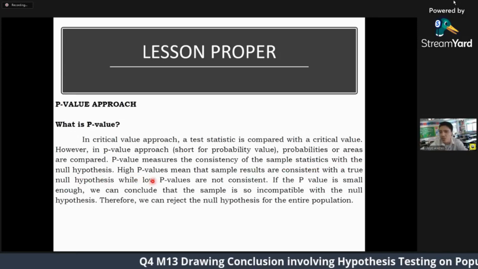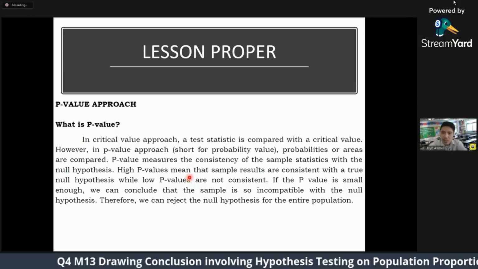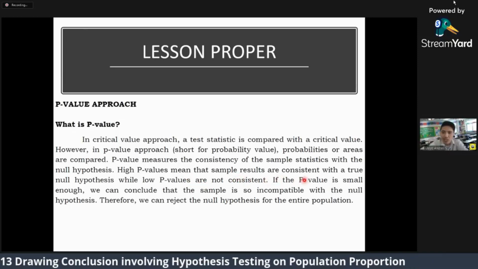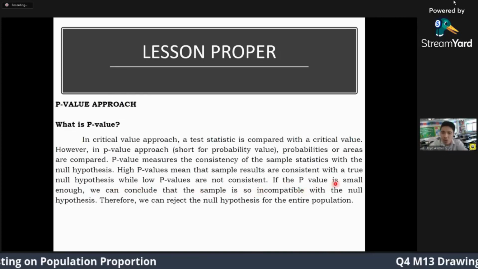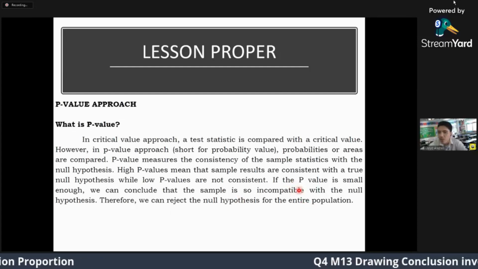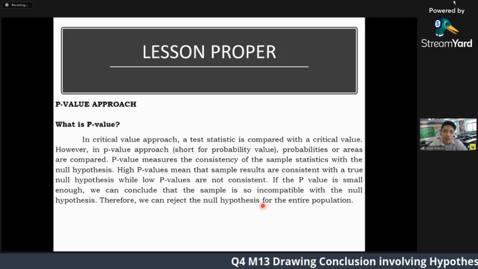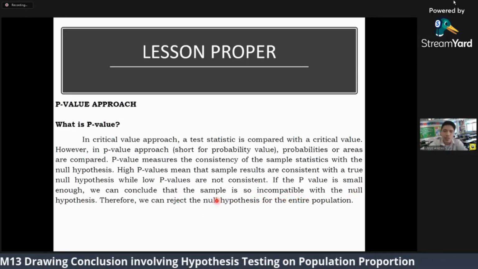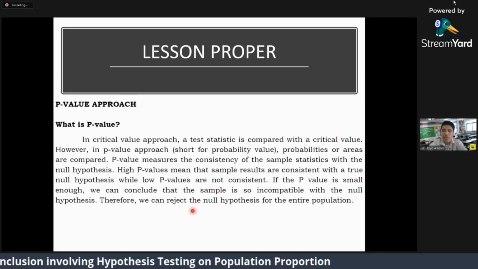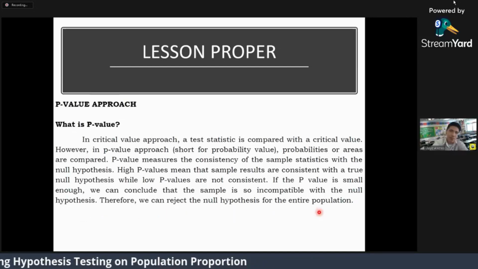High p-values mean that sample results are consistent with the true null hypothesis, while low p-values are not consistent. If the p-value is small enough, we can conclude that the sample is so incompatible with the null hypothesis. Therefore, we can reject the null hypothesis for the entire population.